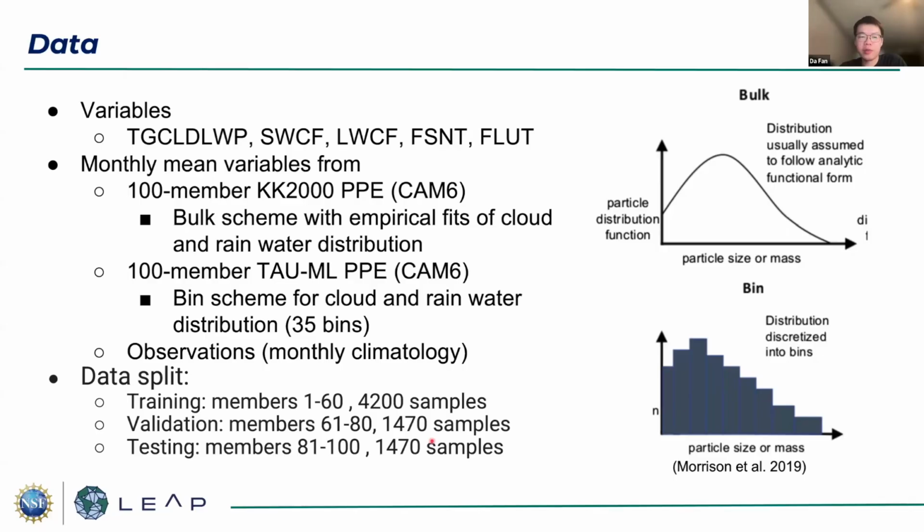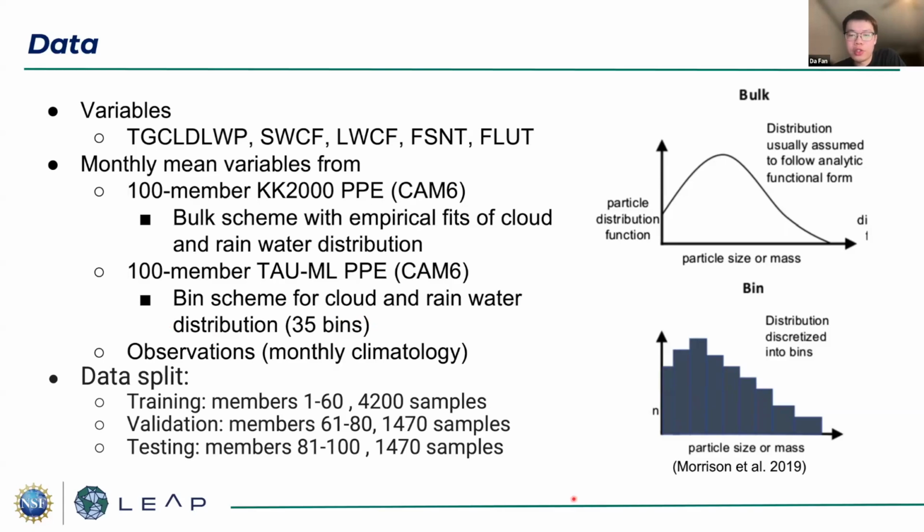The original TAU scheme is computationally expensive because it consists of a distribution of many bins, but we replaced the original TAU with a machine learning version of TAU, called TAU-ML, which is significantly faster, about 4 times more efficient than the original TAU.